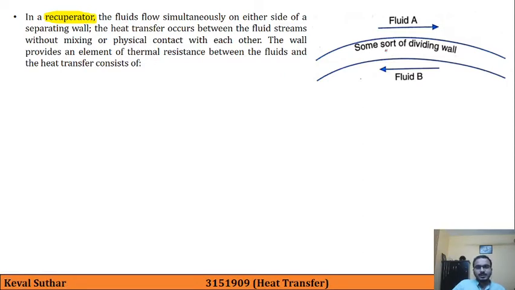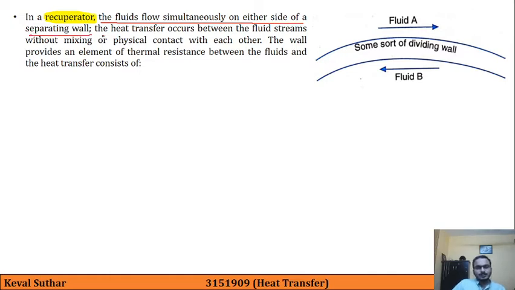In recuperator, this is the figure of recuperator. There is some sort of a dividing wall, and one fluid is passing here, fluid A, which is above this wall, and fluid B is passing below this wall. The fluid flow simultaneously on either side of the separating wall as shown in this figure.